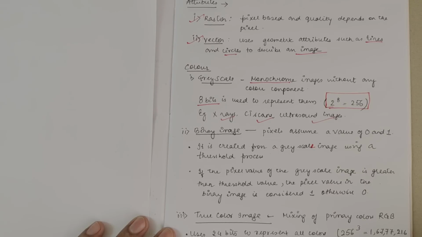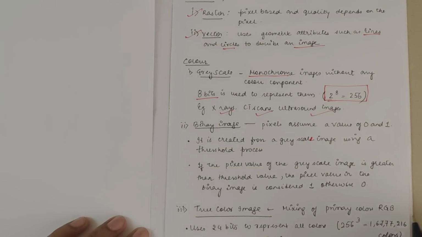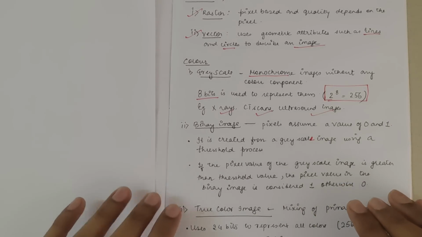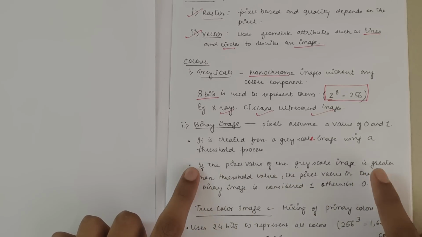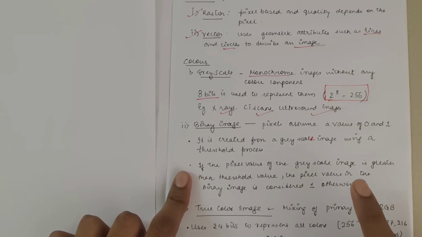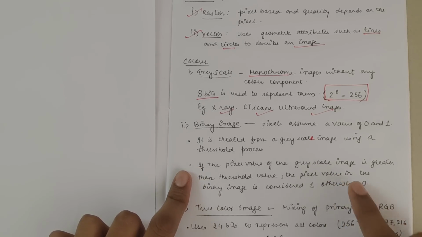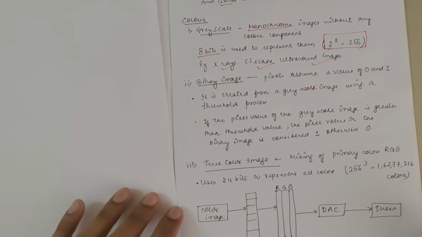If the pixel value of a particular grayscale image is greater than a particular threshold value, then the pixel value of the binary image is considered as 1, or else 0. It's very simple, guys. You are comparing a pixel value with the threshold value. If the value is greater than the threshold value, then the pixel value of the binary image will be 1, or else we consider it as 0.